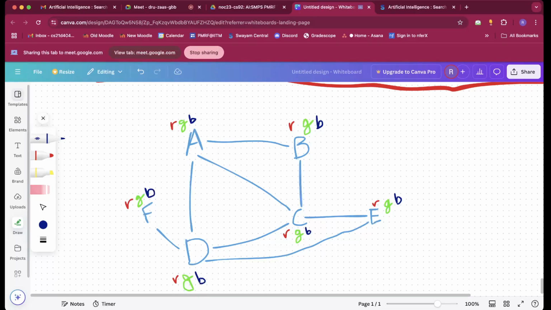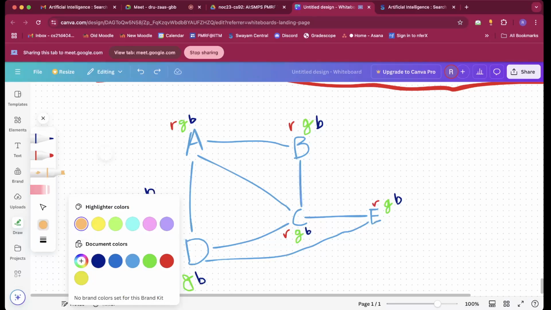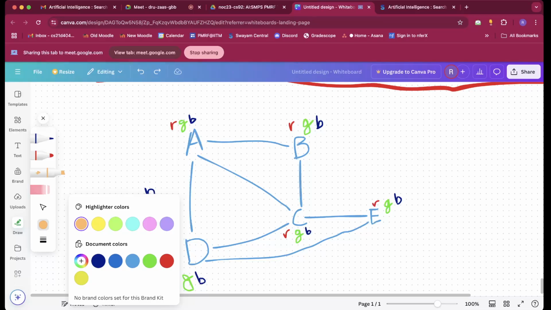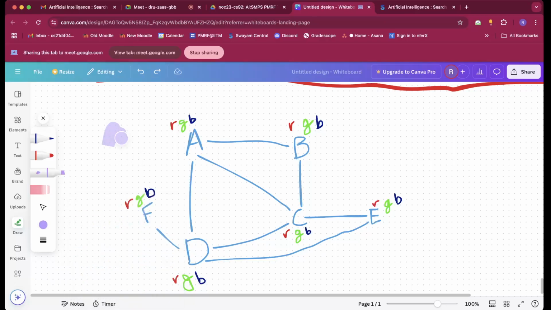So we know that, let's use this color to denote colors we don't want to keep.